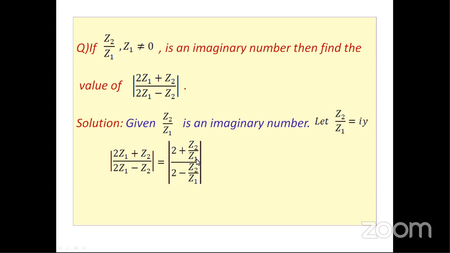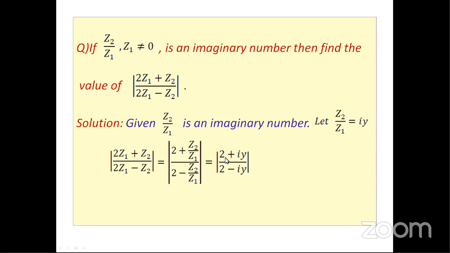Now, we are in a position to substitute z2 by z1 is equal to iy. Since we know only this value, we are trying to reduce the problem into a form where we can use this condition. Okay, children, hope you got that. Then we will take 2 plus z2 by z1 is iy, then 2 minus, this is iy again.